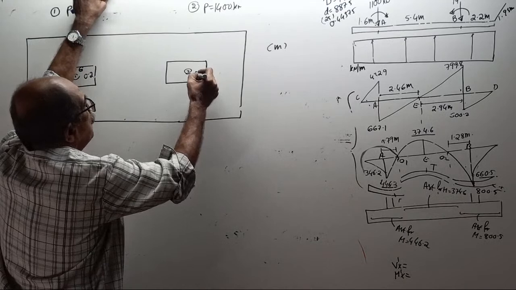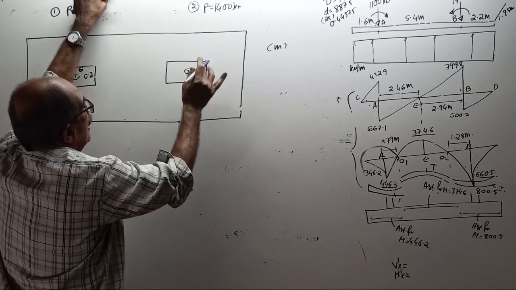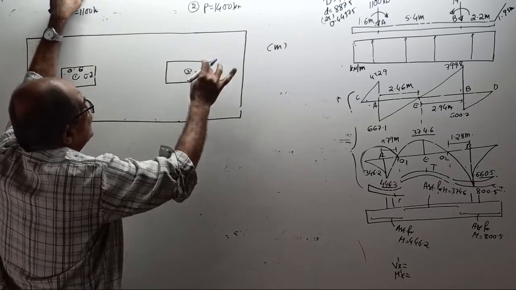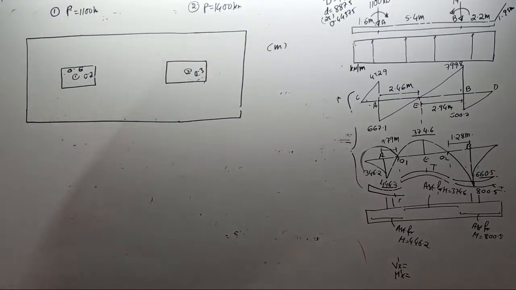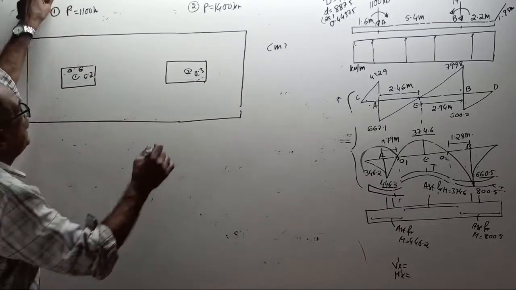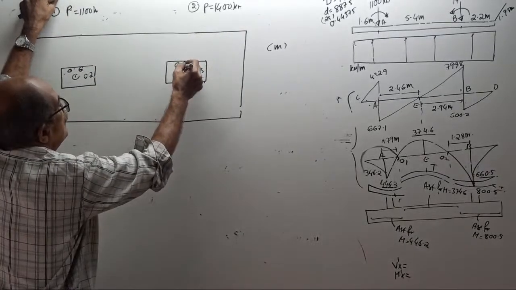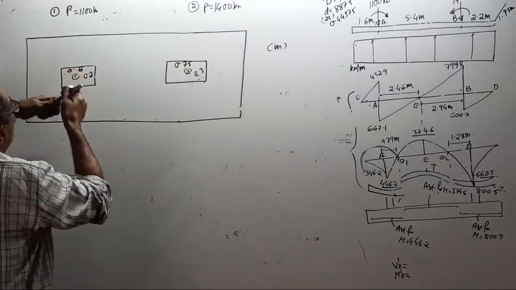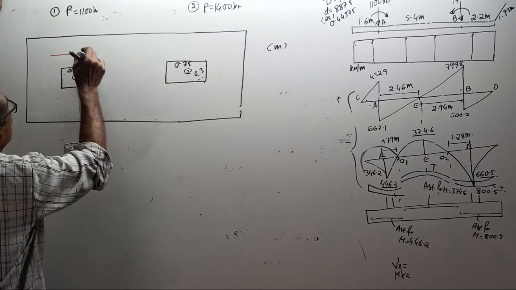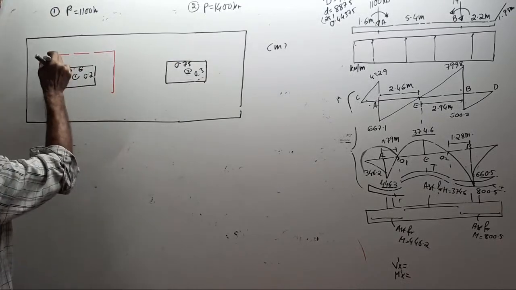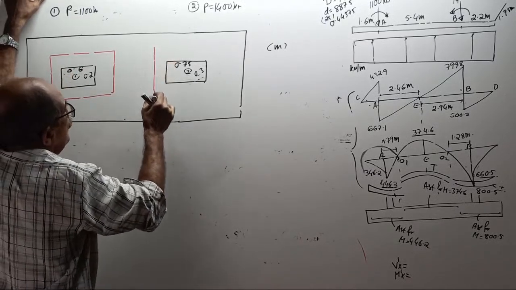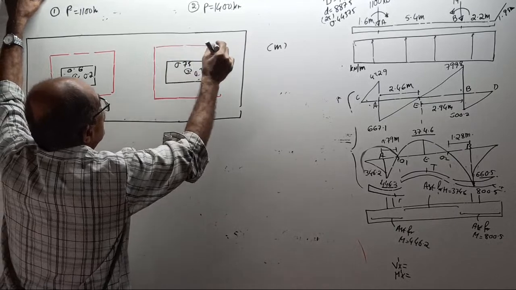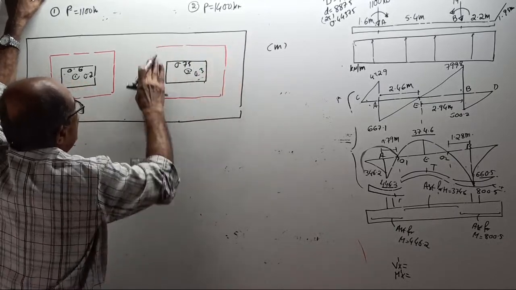Longer side? 0.75. Now, for this column, critical section will come here. For this column, critical section will come here. No scale maintained.